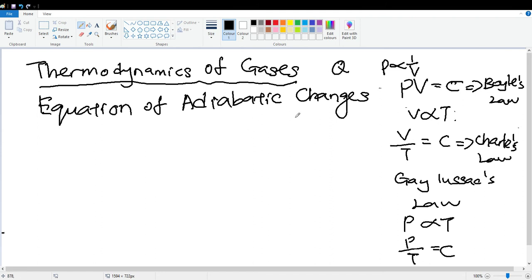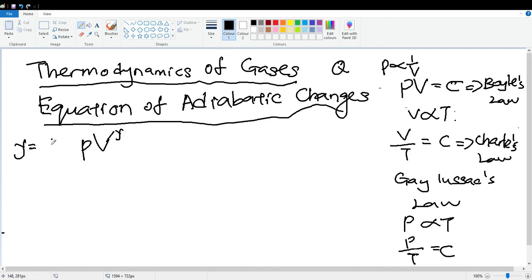As for adiabatic changes, we know that there is no heat leaving or entering the system. So adiabatic changes have their own equations. In terms of Boyle's law, we have PV^gamma, where gamma is the ratio of Cp to Cv, equal to a constant.